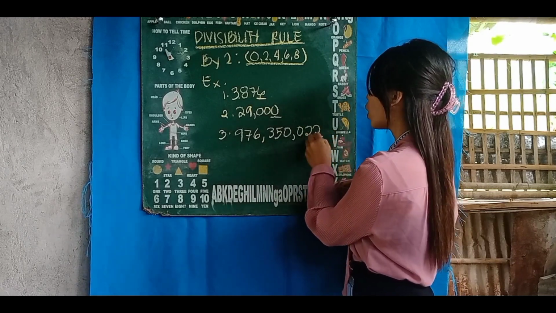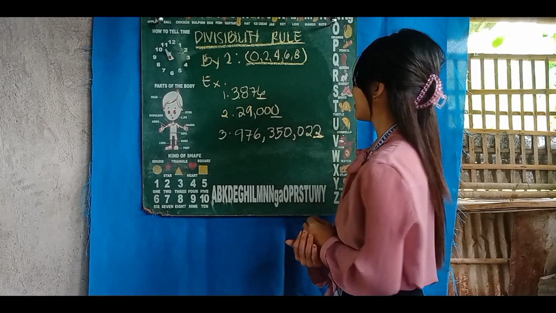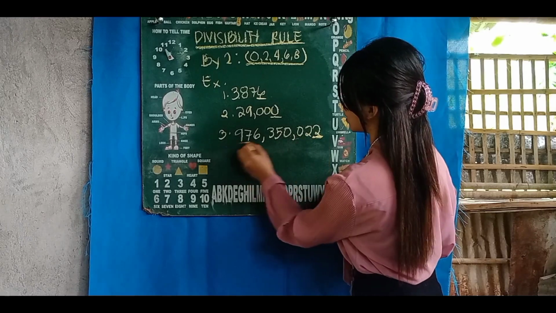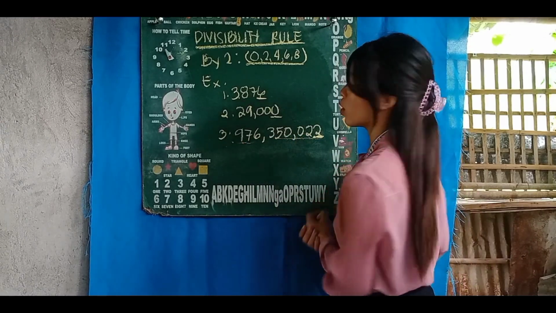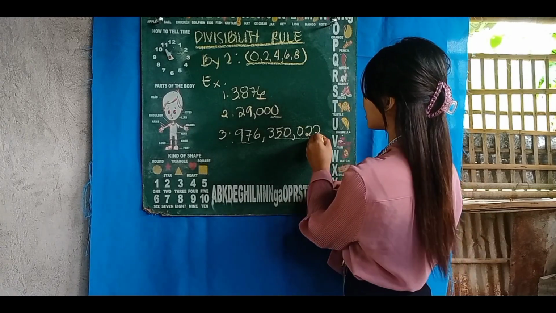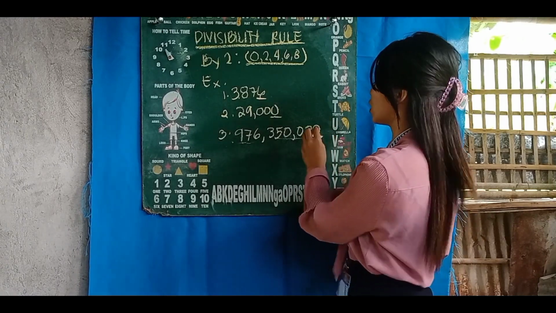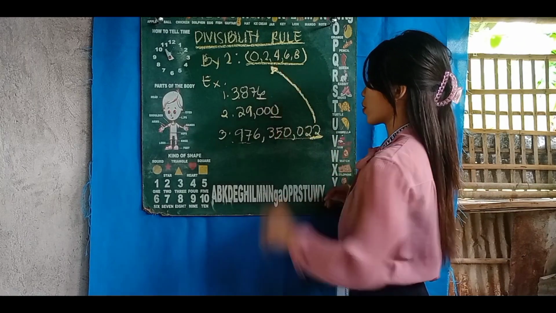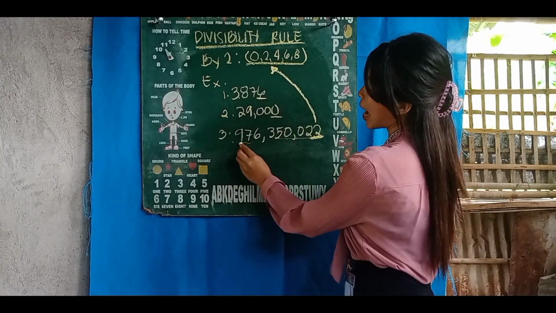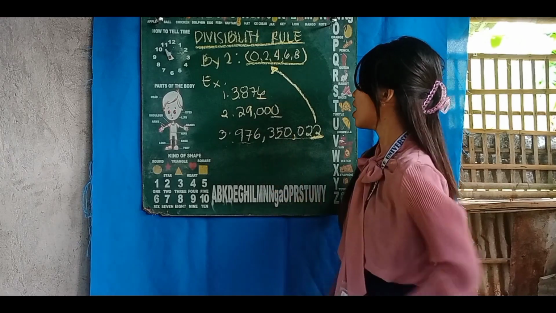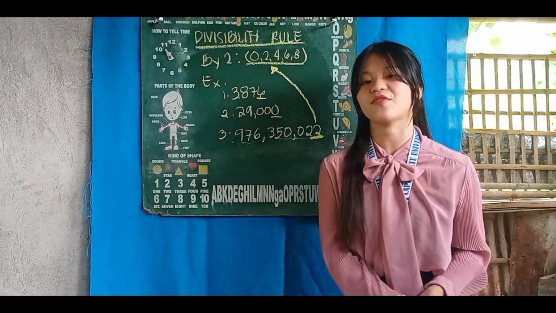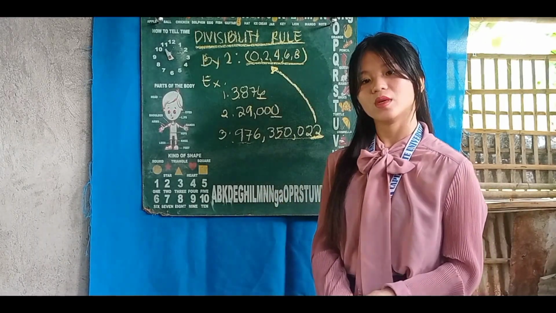So, automatic, malalaman natin na this given number is divisible by 2 because the last digit is 2, which is an even number. So, ibig sabihin, 976,350,022 pesos is divisible by 2.